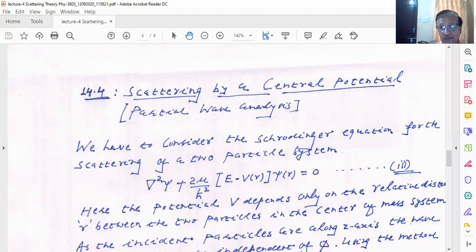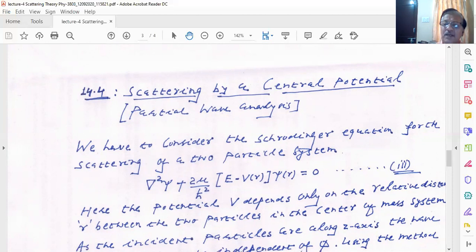You have a central potential, so the two particles are interacting. I would say that this potential is only depending upon the relative distance r between the two particles.